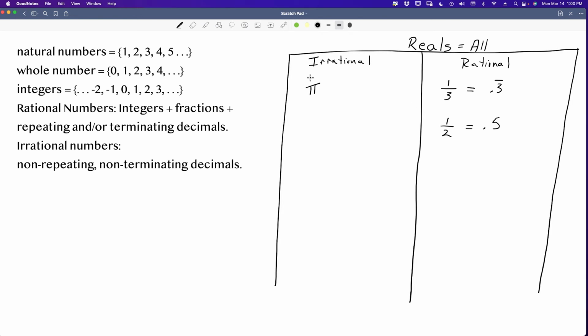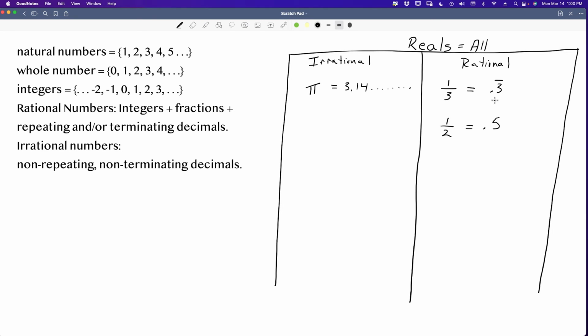If a decimal like pi is non-repeating and non-terminating, you have 3.14, and then it goes on and on forever and never repeats or stops, that's an irrational number. There are other irrational numbers. This is the one that we'll use the most, so that's the one that I'm calling out.